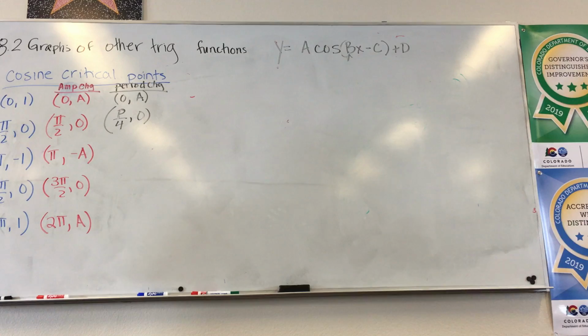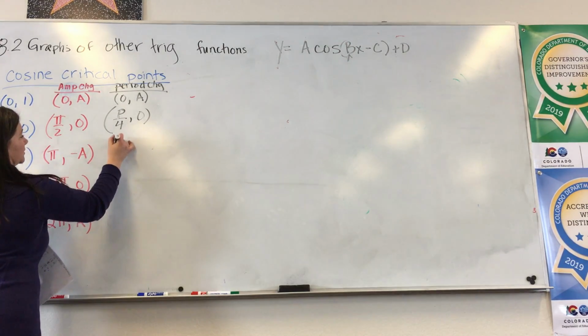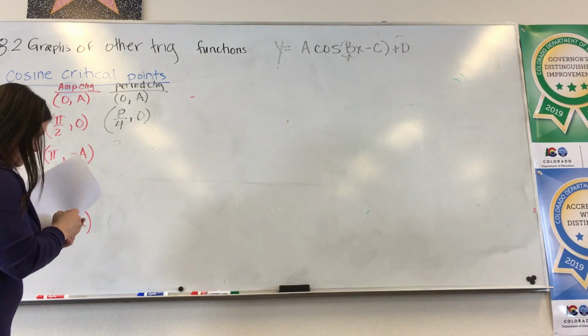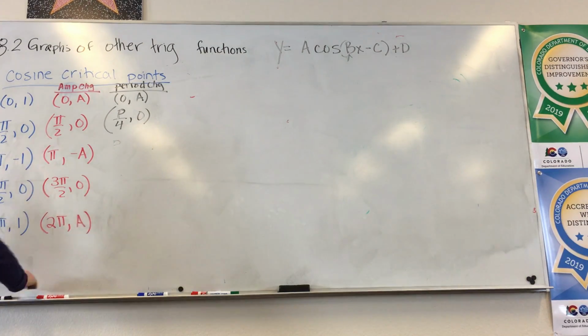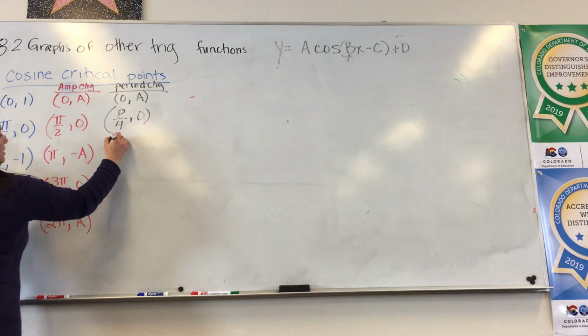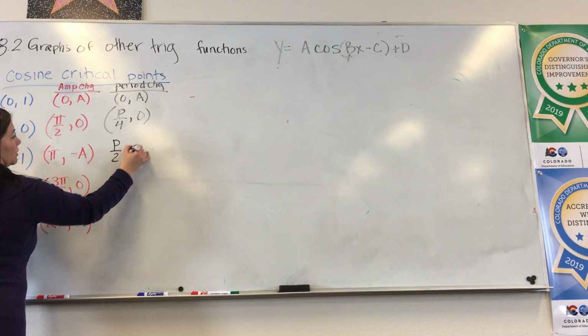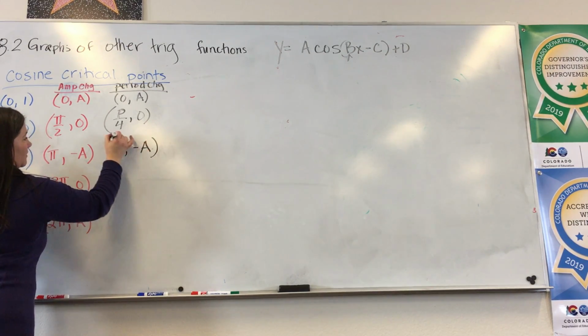Where is the minimum? It's at half of the period. So the period divided by 2 is the minimum, or the -A value.